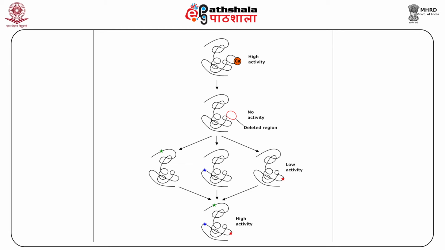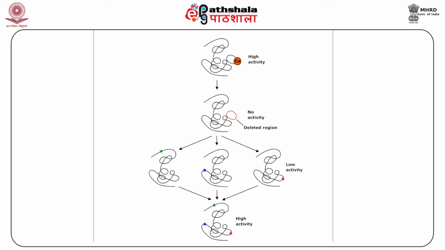Now what we have done is we have deleted this calcium binding site, and this enzyme now with the deleted calcium binding site possesses literally no activity. So in this we have allowed random mutagenesis.